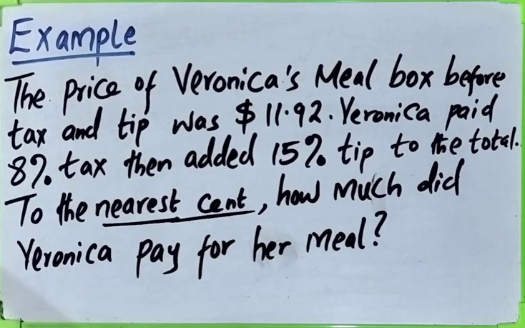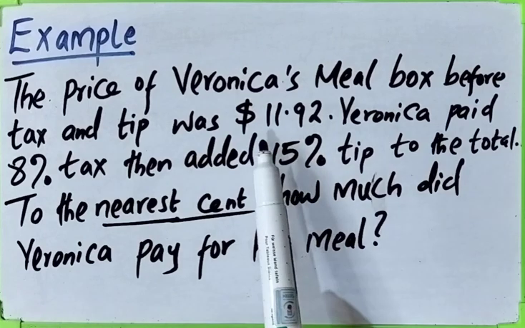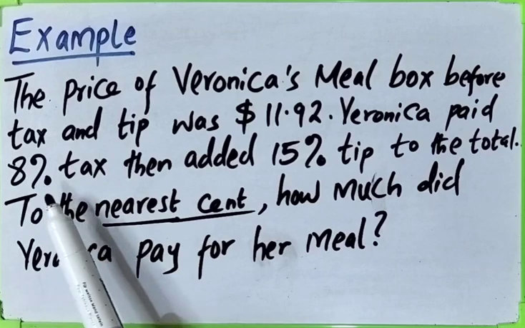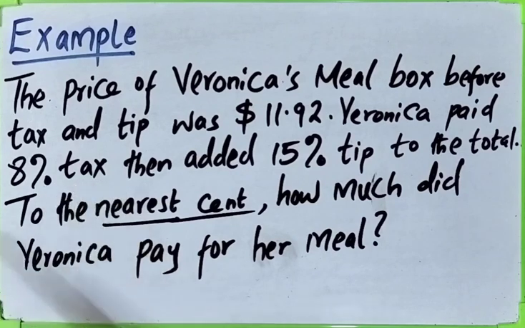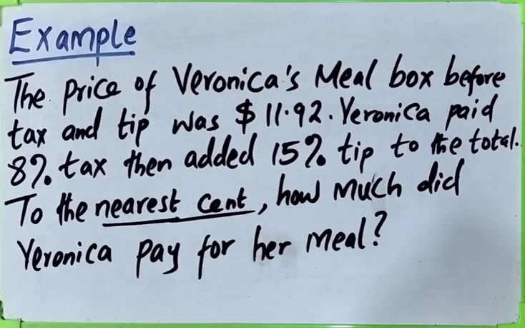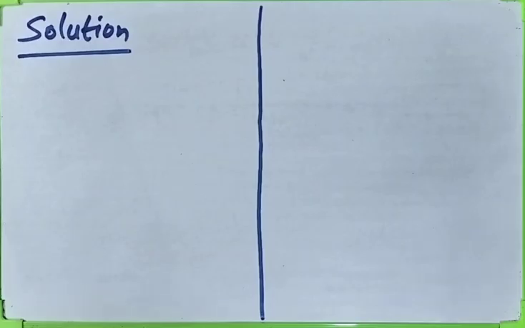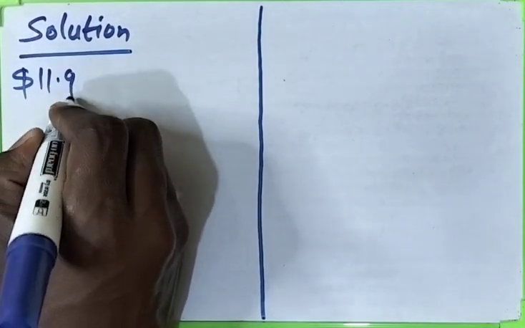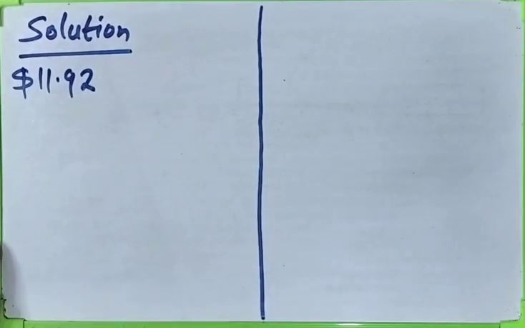Take note, before tax and tip, $11.92. Tax, 8% tax. Tip, 15%. Solution. In solving this, we have $11.92.